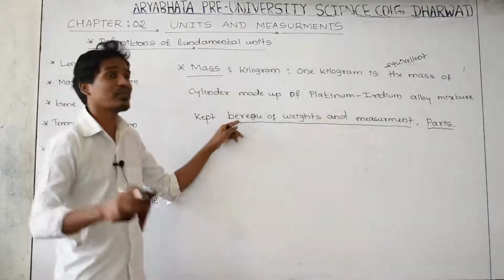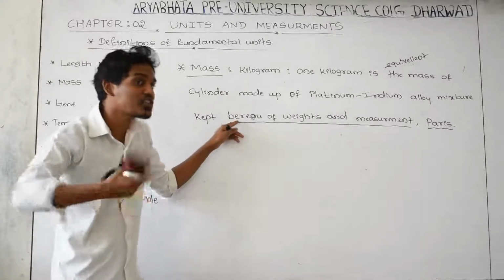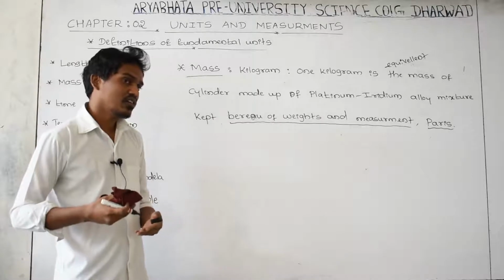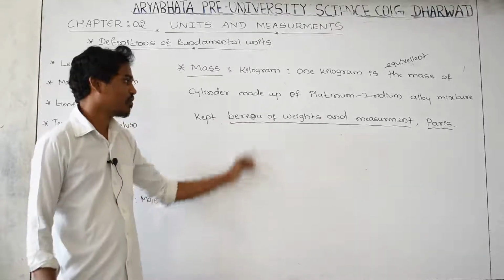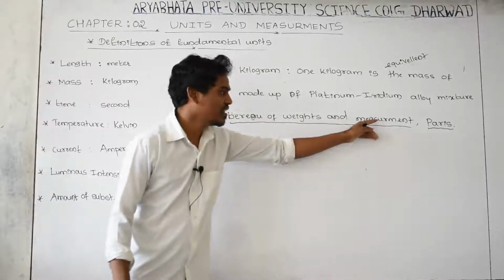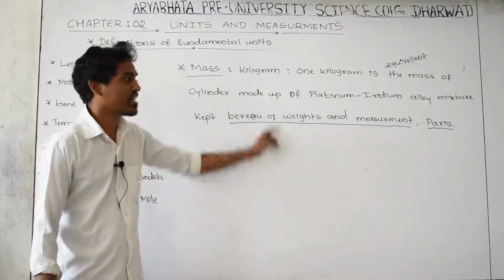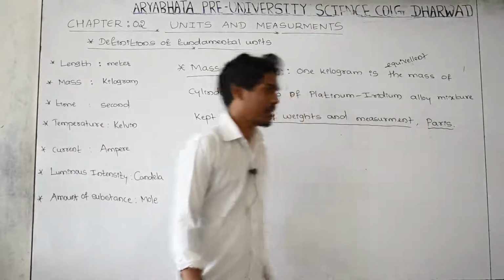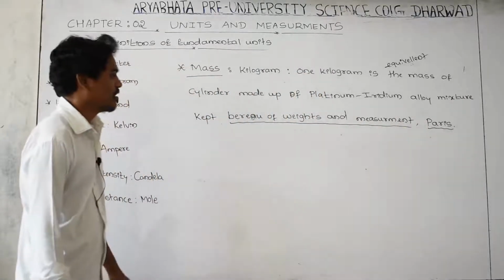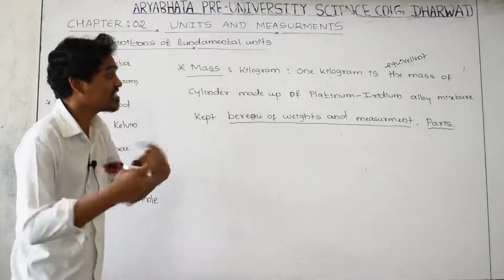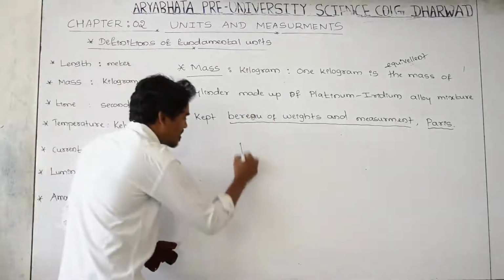A bureau is a place where we keep historical records, just like a museum. It is the Bureau of Weights and Measurement. This is the name of the department, belonging to the science field. It is in Paris. In this Bureau of Weights and Measurement, in this department, there is a cylinder. One cylinder is there.